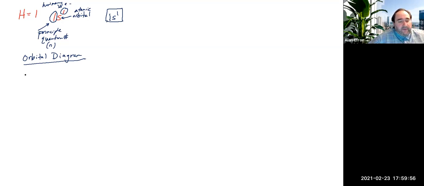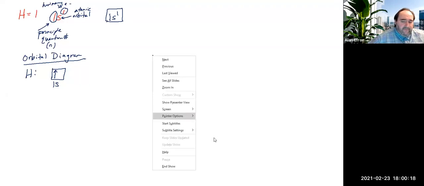So if we were to do the orbital diagram for hydrogen, we would really have one box. That one box would represent the 1s orbital. And as we talked about last time, the electron would be represented by an arrow. And that arrow would go in there in the upwards direction. And that would represent the orbital diagram for hydrogen and its electron configuration. Any questions on that?